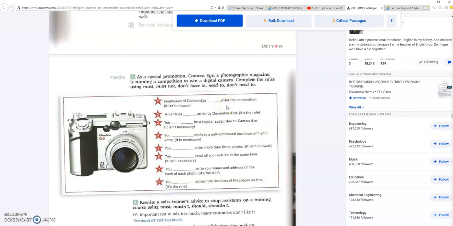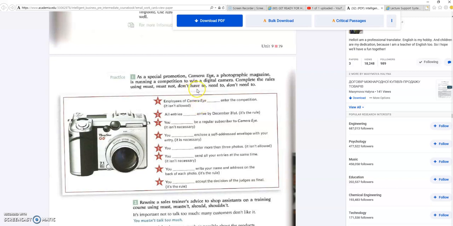So, let's see. Employees of Camera Eye enter the competition. It isn't allowed. Okay? It's not allowed. So which one is it? It's probably either must not enter or don't need to. Which one do you think it is? This is kind of strong. It isn't allowed.